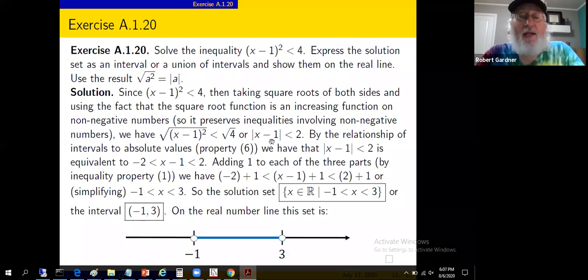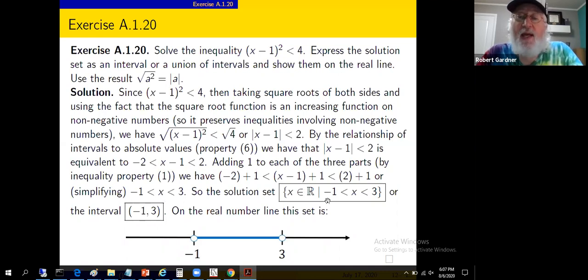Okay, we'll change that into an inequality of the appropriate type. It was absolute value property 6. So we get x minus 1 less than 2 and greater than negative 2. Or take this, change the sign, put it on the other side, is what that property told us. We'll add 1 to each of these to get x by itself, and that produces negative 1 is less than x is less than 3.